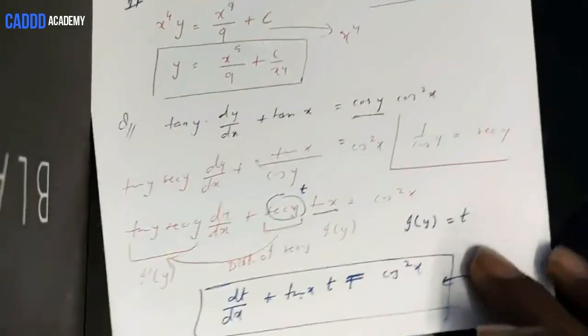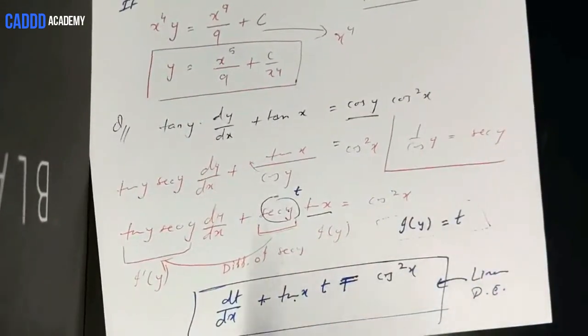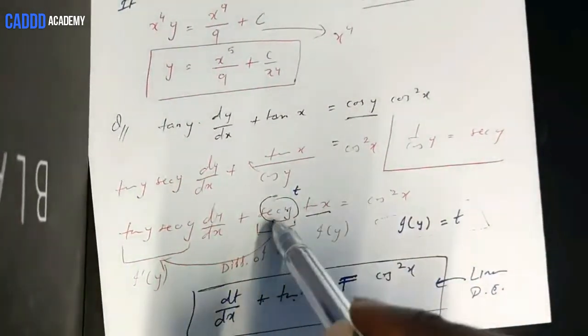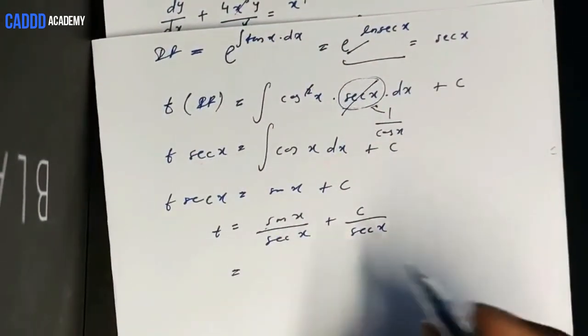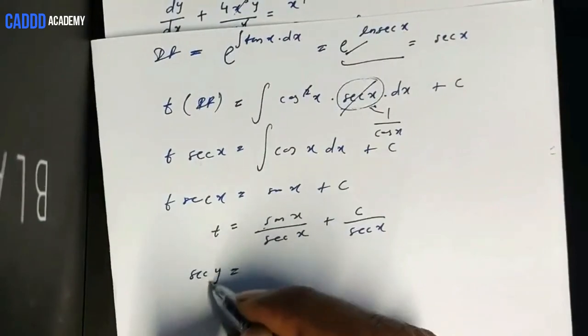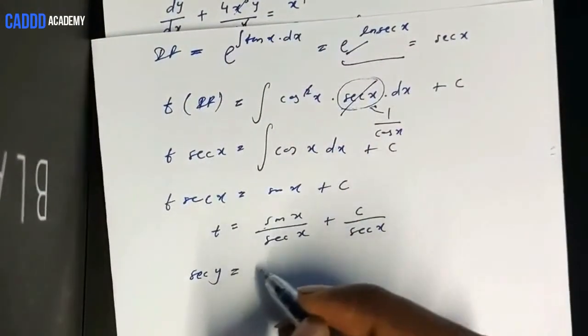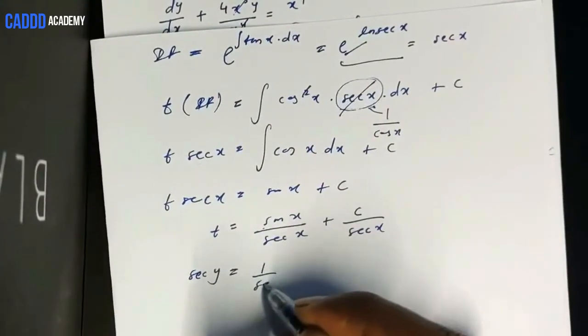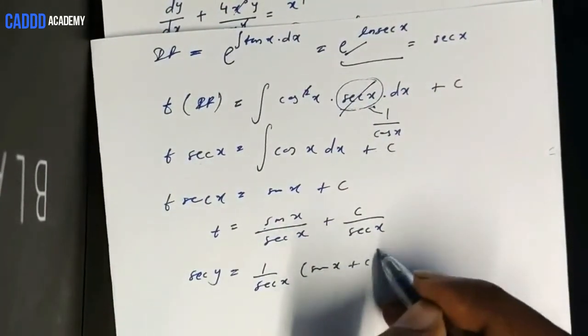We have assumed t as f of y, and what was the f of y? sec y. So it is sec of y, which is equal to 1 by sec x into sin x plus c.